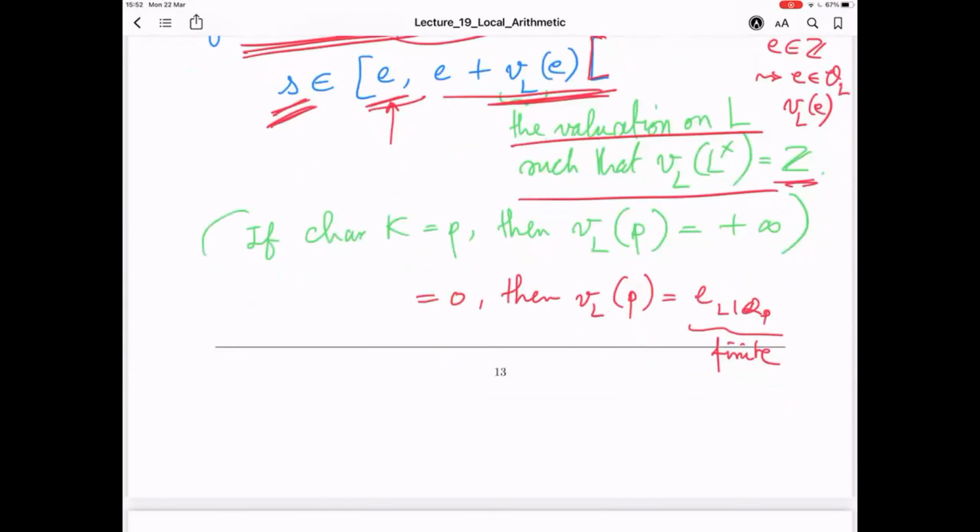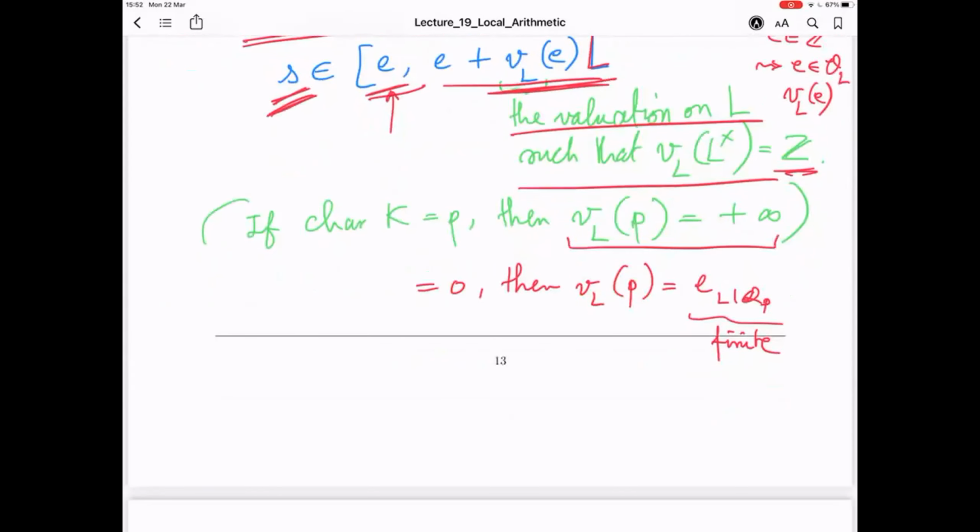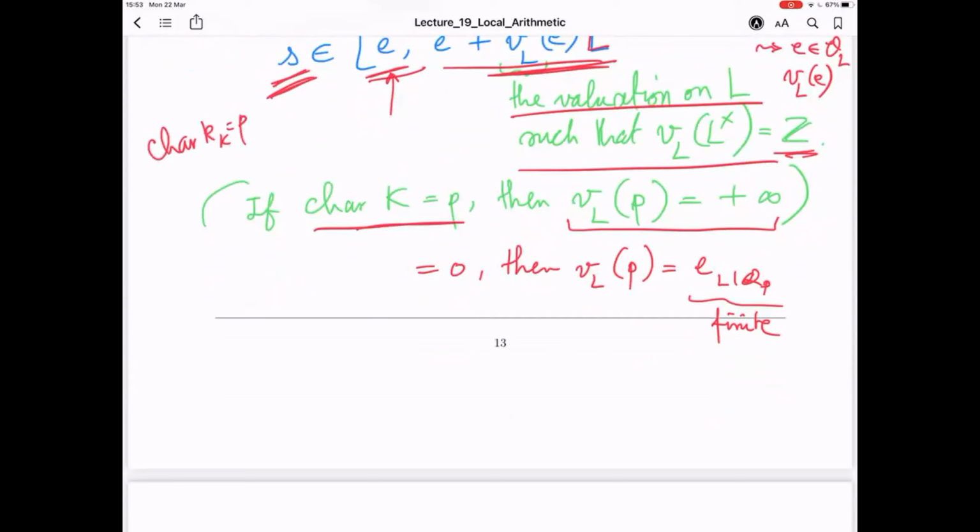So, for example, K is a P-adic field. So what it means is that the characteristic of the residue field is equal to P. But the characteristic of the field itself may be P. There are two possibilities, it could be P or 0.